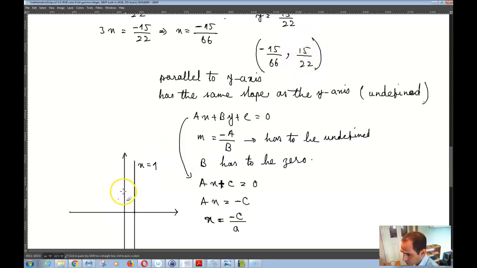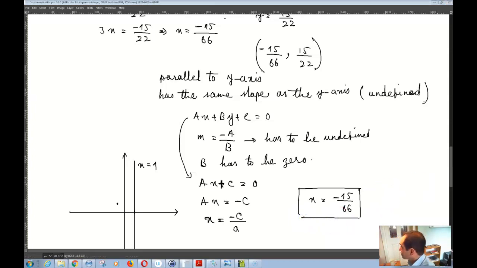So this point would be some point over here, and the line goes through this point. Now the y coordinate is not important here, but you need the x coordinate of this point, and then the equation of the line becomes x is equal to negative 15 by 66. I think that is the equation of the line.